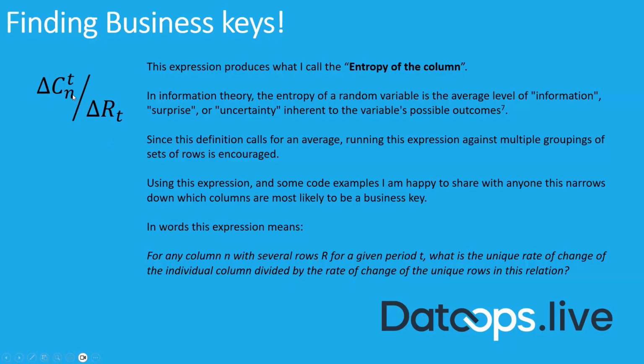For any column n with several rows r for a given period t, what is the unique rate of change of an individual? So the delta is a rate of change for an individual column, the column you're looking at, compared with the number of unique rows in this relation.